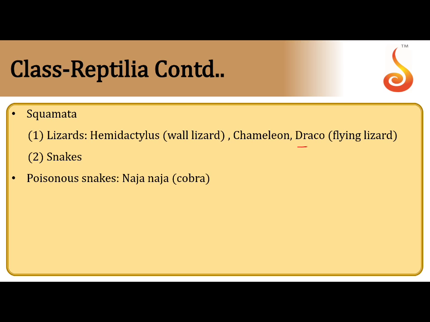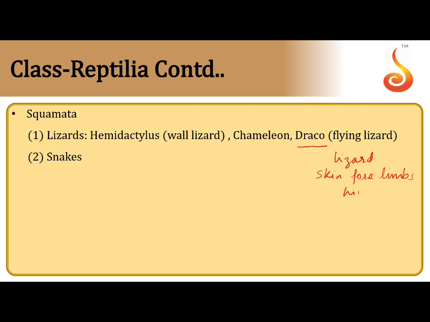Now Draco is another organism which is very interesting. Draco looks exactly like a lizard, but the skin in between the forelimbs and hind limbs is extended.